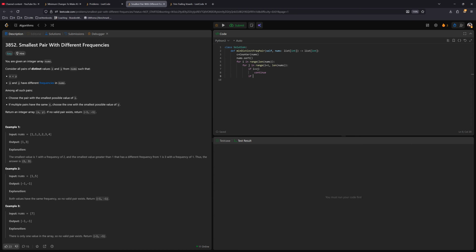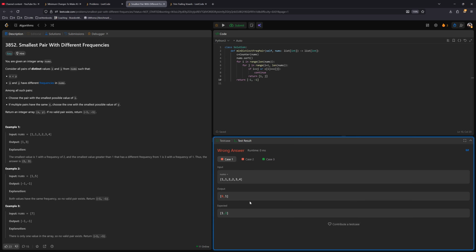X and y have different frequencies. So if they have the same frequency, then they won't work. So C of i equals C of j, then continue. You know, we could probably do it like this. And if that's not the case, then we return i, j. And if we don't find it, then we return -1, -1.